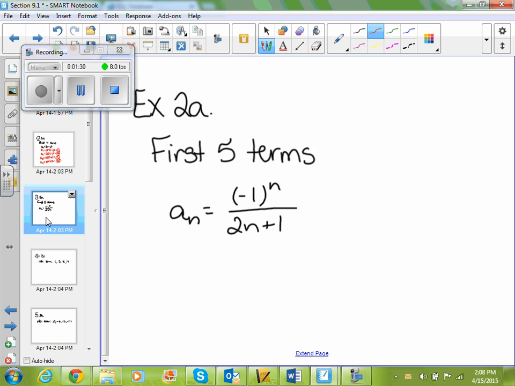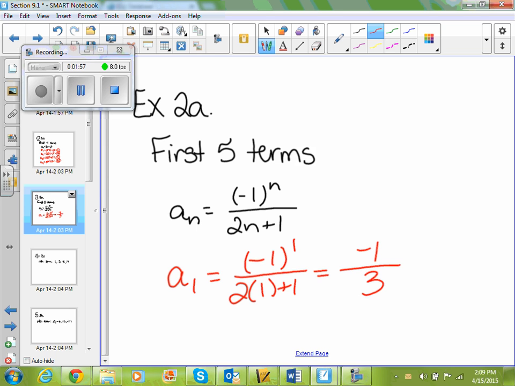Okay, if I do the same thing then for a sub n equals negative 1 to the nth power divided by 2n plus 1, except this time I'm going to find my first 5 terms. So a sub 1 equals negative 1 to the first power over 2 times 1 plus 1. Okay, well, negative 1 to the first power is negative 1. 2 times 1 is 2. 2 plus 1 is 3.